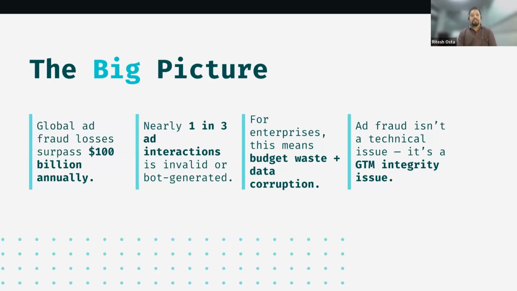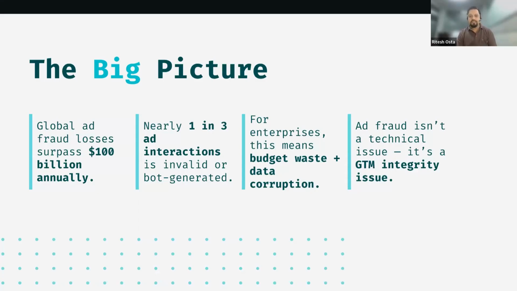Okay. So now, according to the data, nearly 1 in 3 ad interactions today is invalid or bot generated. And this is especially relevant when it comes to IT service and managed service provider and software agencies around tech, because more and more tech companies are running ads.